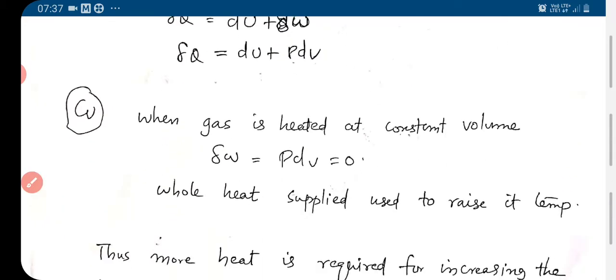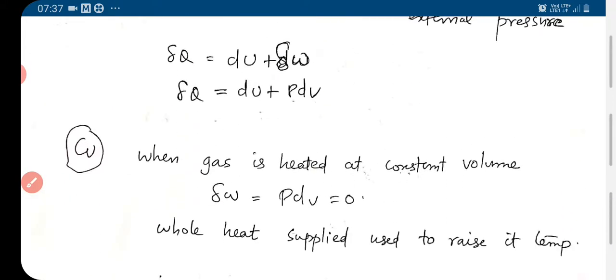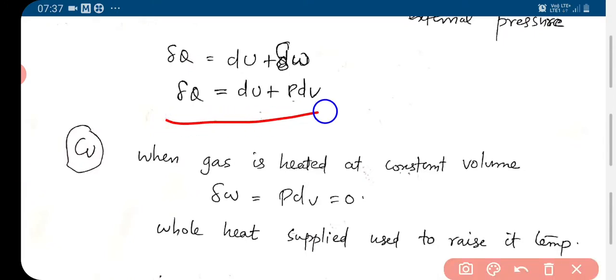This is at a constant pressure. So at constant pressure the volume changes as the piston moves, and the heat supplied is delta Q equal to dU plus PdV.